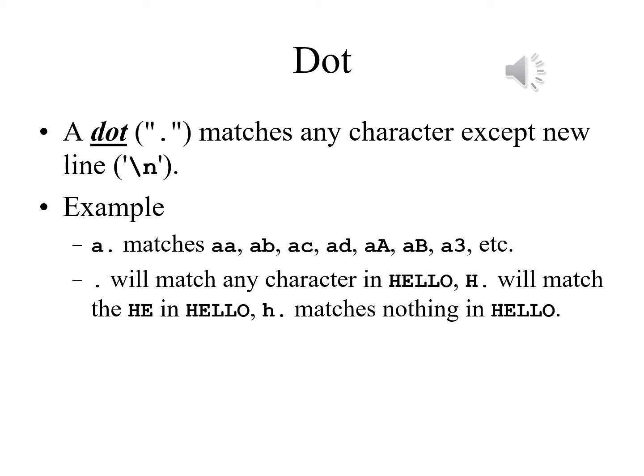A dot by itself will match any character in the word hello written in all uppercase as you see here. Capital H, E will match the HE in hello because they're all capitalized. Little h dot matches nothing in hello because the text is all in uppercase and there is no lowercase h in it.